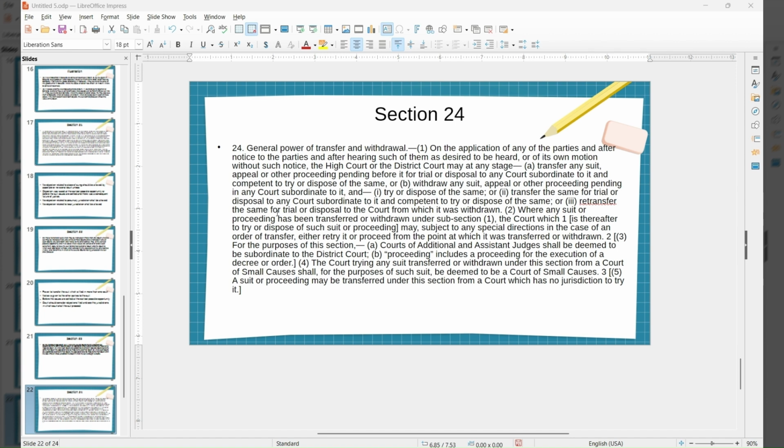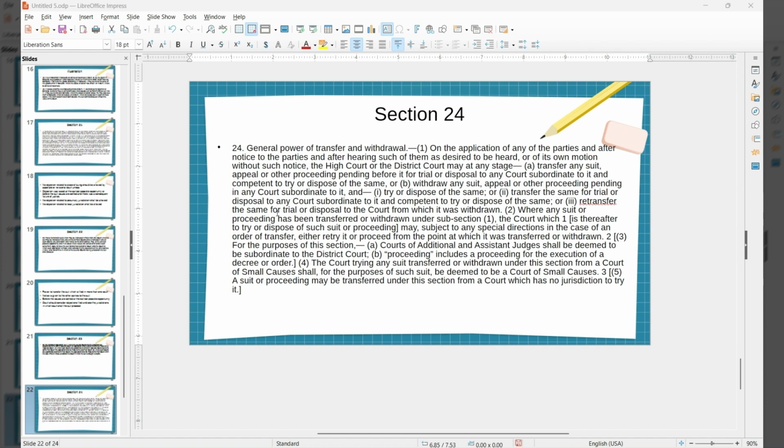So notice and hearing are mandatory if an application is filed by a party, because the defendant makes a transfer application. Once the application is filed before the court, the court will listen to the defendant's difficulties, or there might be some injustice happening, or they feel that this particular court is not competent enough to hear the suit, so they will transfer it.